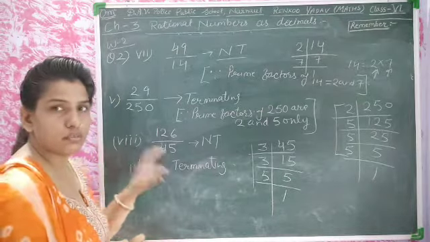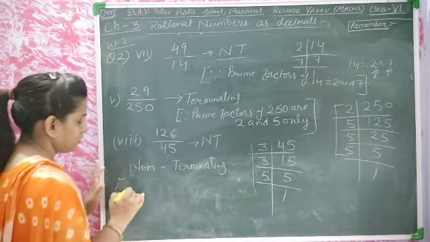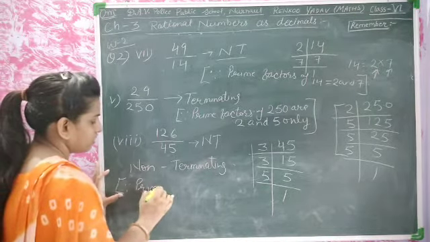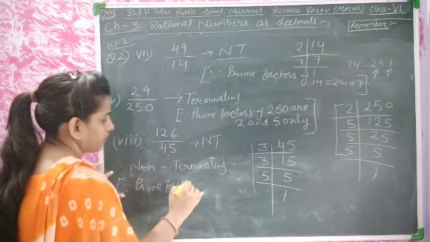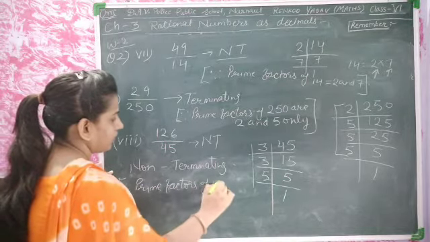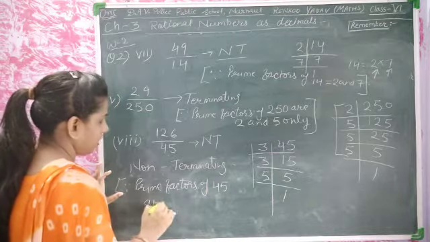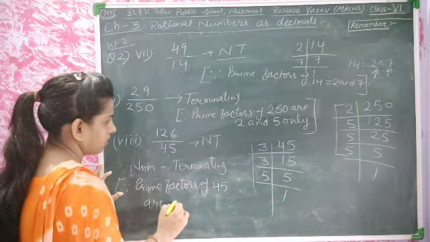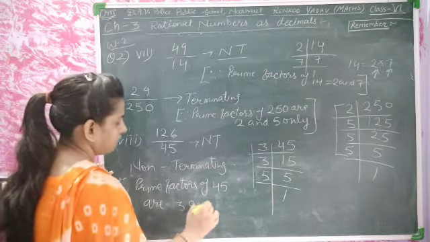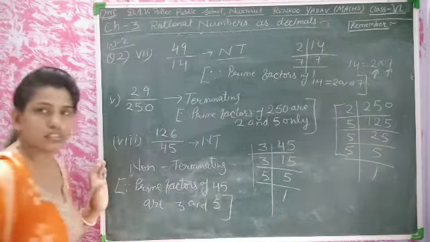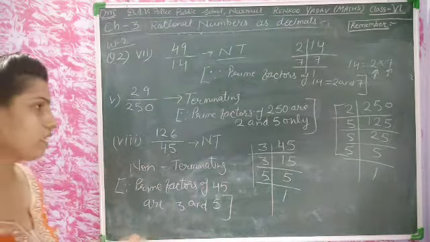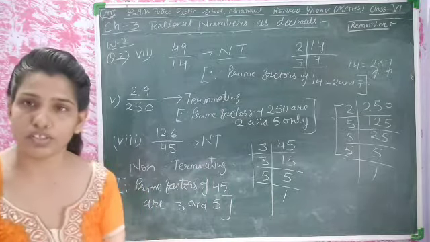Non-terminating rational number. Since prime factors of 45 are 3 and 5. Is this clear, students? Yes. I hope you have understood all these questions.